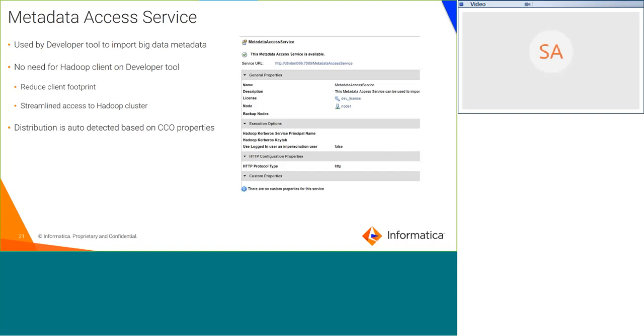So this will improve your client install drastically. So think about a scenario where you have hundreds and thousands of client installs in your organization. You don't have to install our client configs or Kerberos client in all of those developer tools. You only have to create one metadata access service, and we can redirect all the imports through this service.